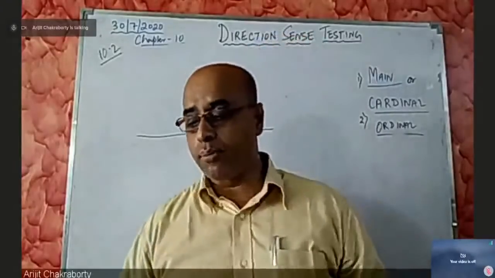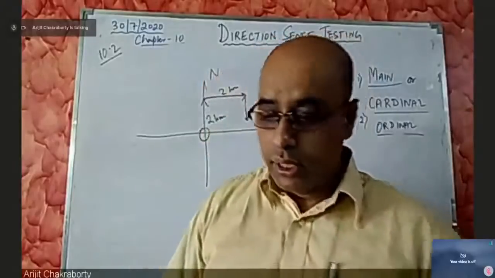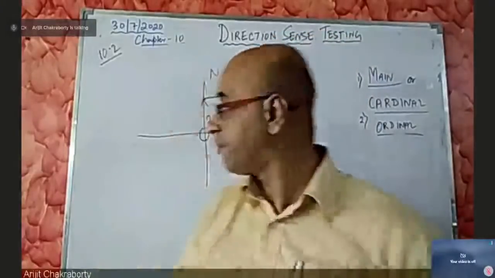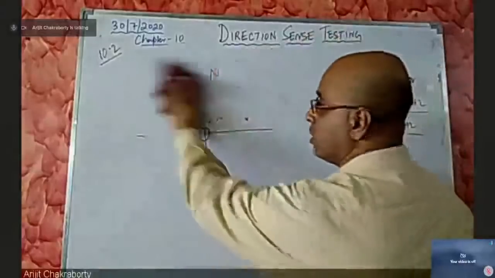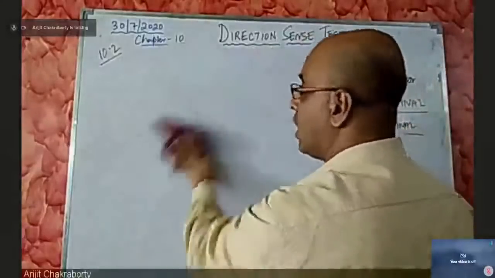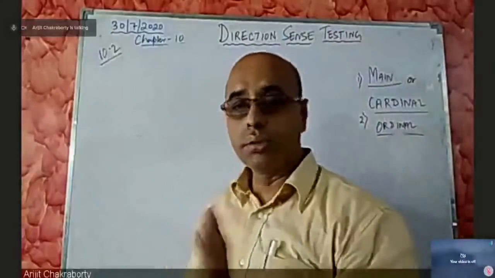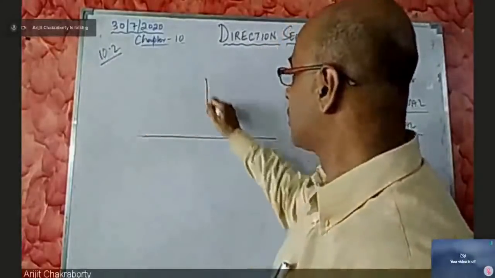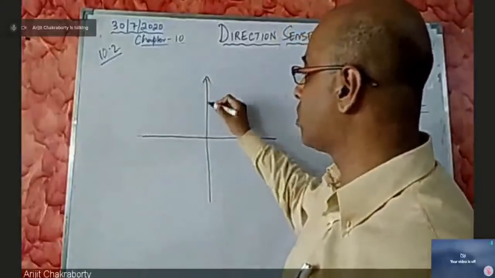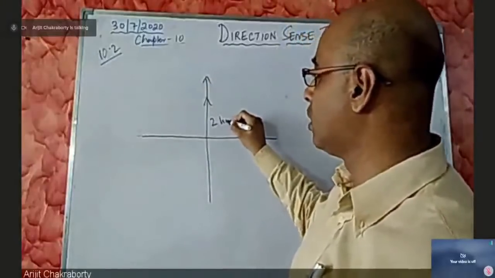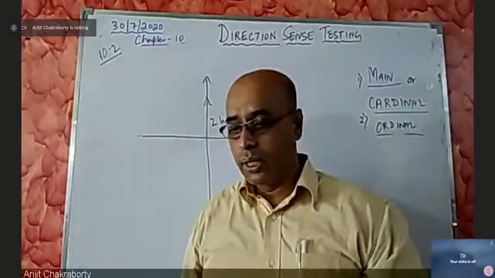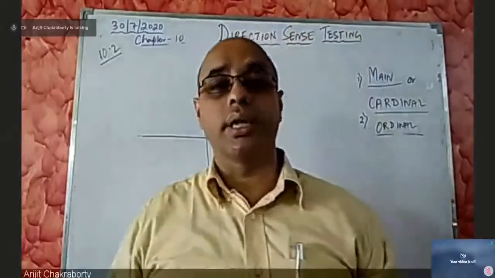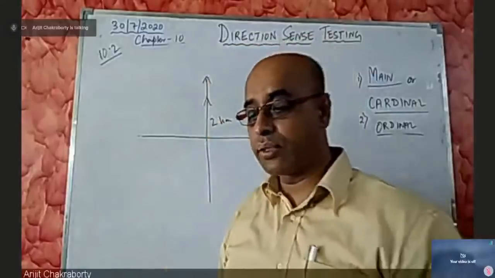Janki started from a house and walked 2 kilometers towards north. Okay, so Janki started from a house and walks 2 kilometers towards the north. Okay, so Janki starts walking towards the north, 2 kilometers. Then she takes a right turn and covered 1 kilometer.